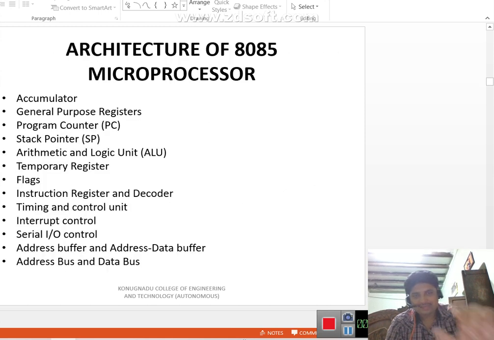So this is the glossary of the architecture of 8085. Very important topic. So what are the blocks available in the architecture? First is the accumulator. Second is the register. Others are the program counter, pointer, ALU, then the timing and control unit, address buffer, address bus and data bus.